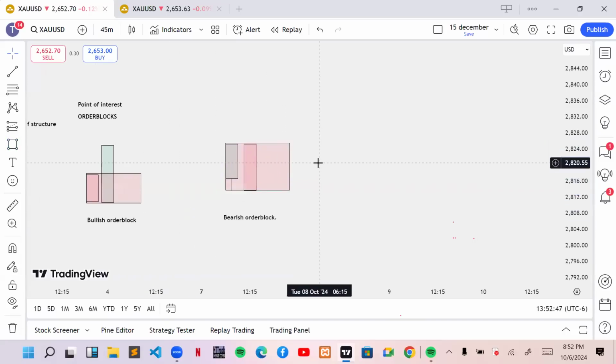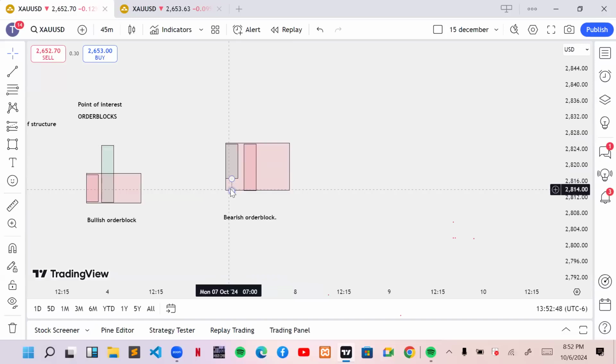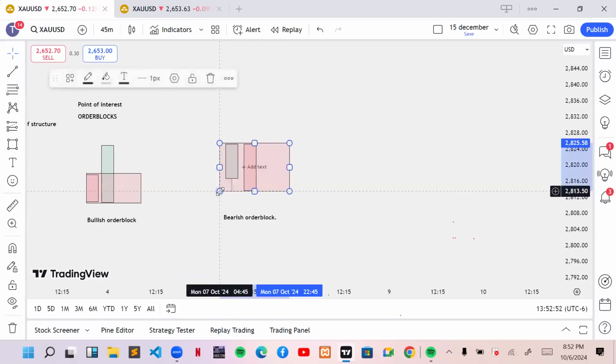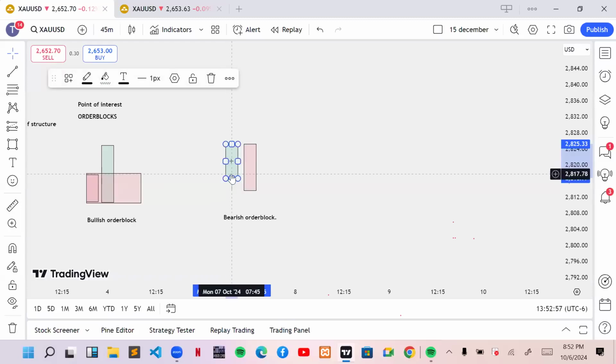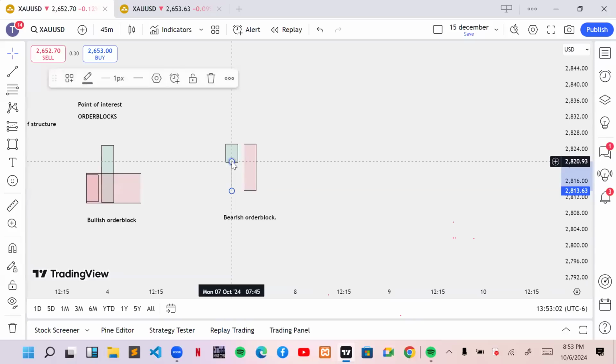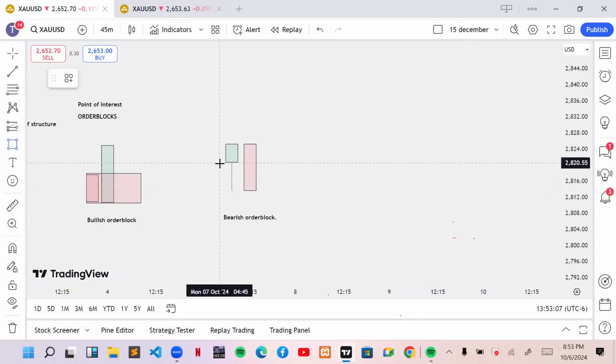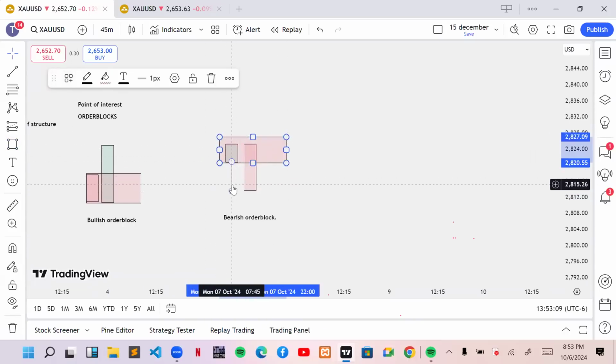So if the wick is longer and the body is smaller, pick your entry from the body. If the wick is smaller and the body is bigger, pick your entry from the wick. That's just it.